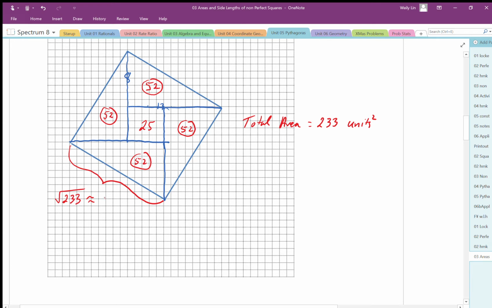So approximately 15.26 units. And that seems about right. If it's going to be 13 across here, that edge length is a little bit longer than 13. 15.2 seems about reasonable. Okay, so this triangle really helps us out finding this area.